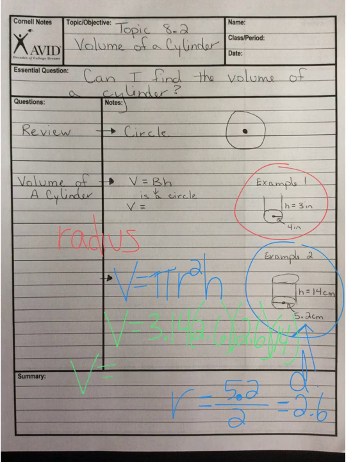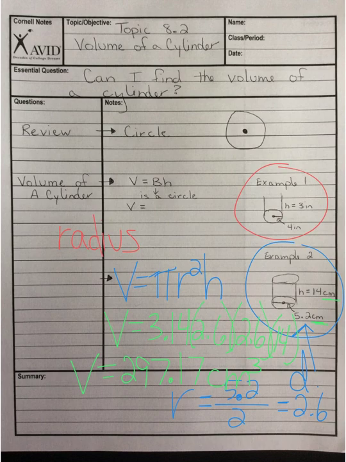And when I plug in pi times 2.6 times 2.6 and then times 14, we have 297.17, and if we want to round to the nearest tenth, 297.2. Your label on this one is not inches, it is centimeters. So centimeters and cubed. The reason it's cubed is we have a 3D shape here, and we are finding the volume of that 3D shape. How much can fit inside the cylinder?